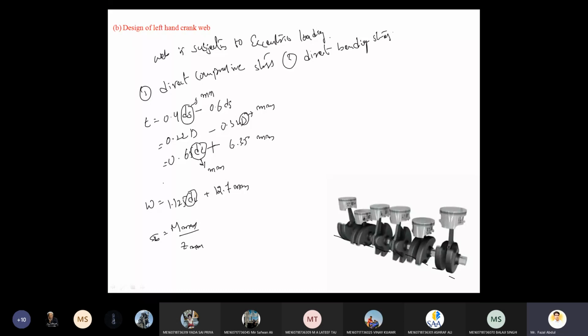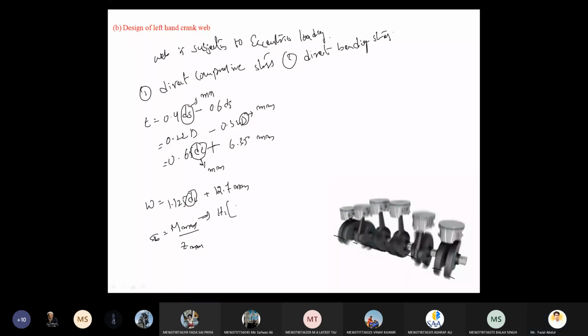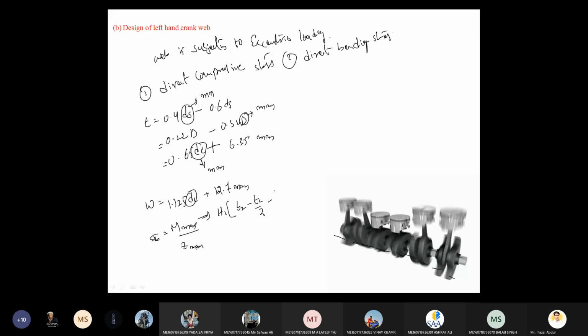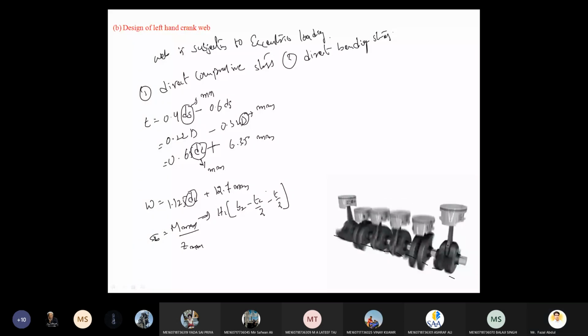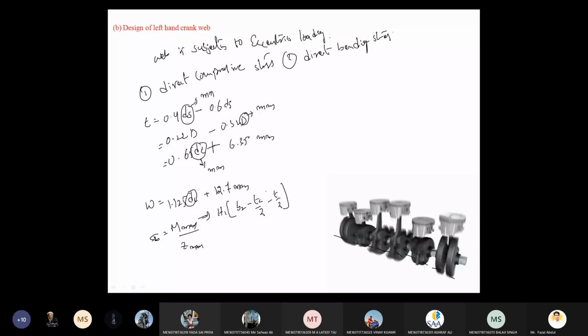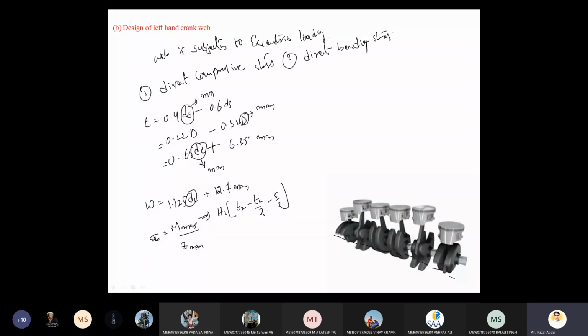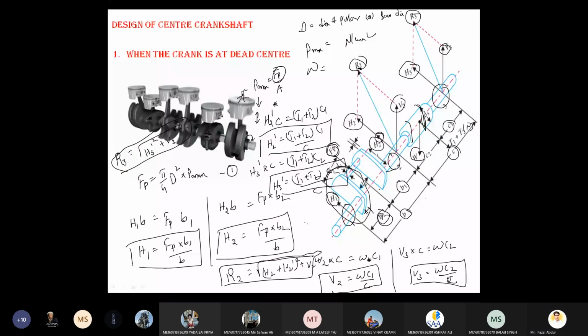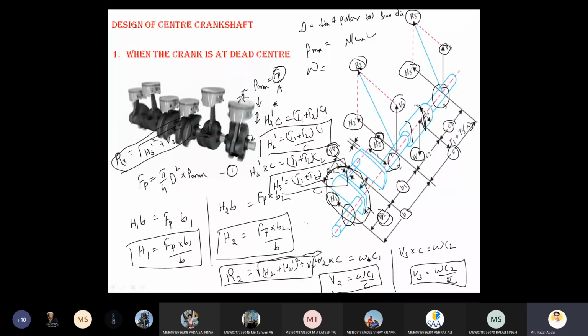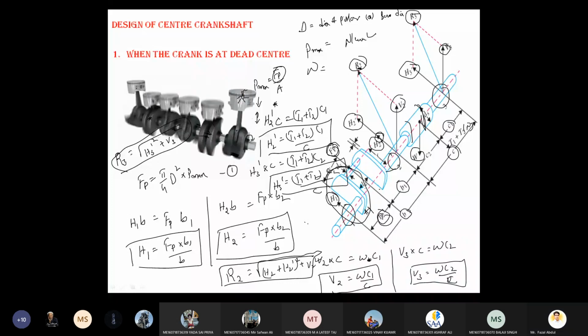The bending moment is H1 into B2 minus TC by 2 minus T by 2. T is the thickness of the web. What is TC here? TC is this distance, from here to here.